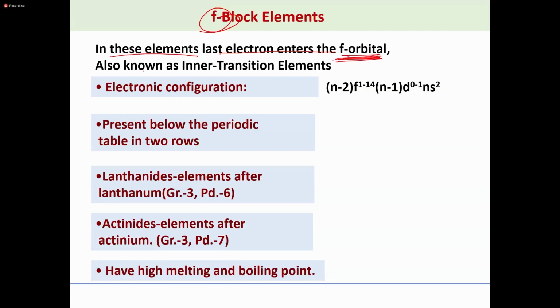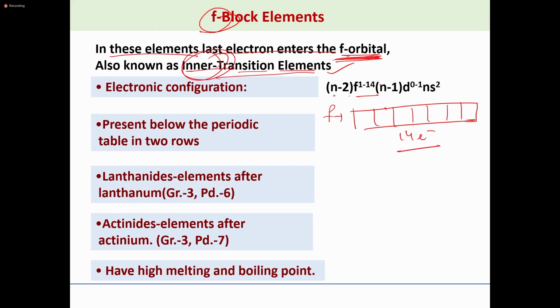Here we know this as the inner transition elements, because this f block is present within the transition elements. That's why they are called inner transition elements, and the electronic configuration is (n minus 2)f 1 to 14. That means the f orbitals can have a maximum of 14 electrons.